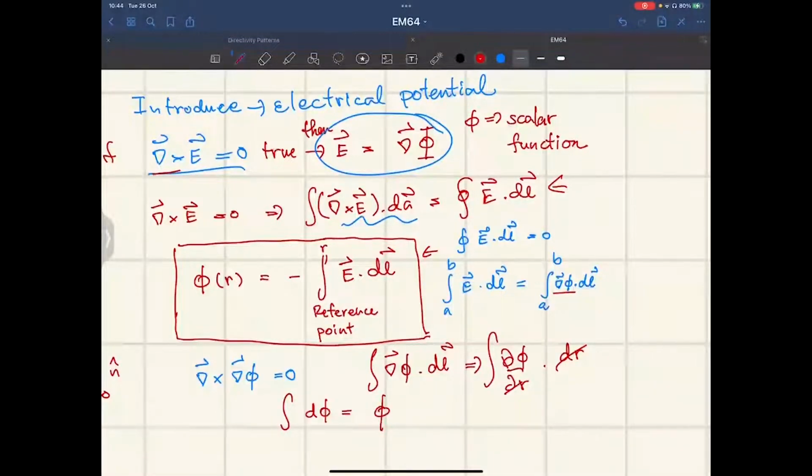So what do we have here? This thing is equal to phi, right? So our phi is equal to what? This thing has to be from A to B also, right?